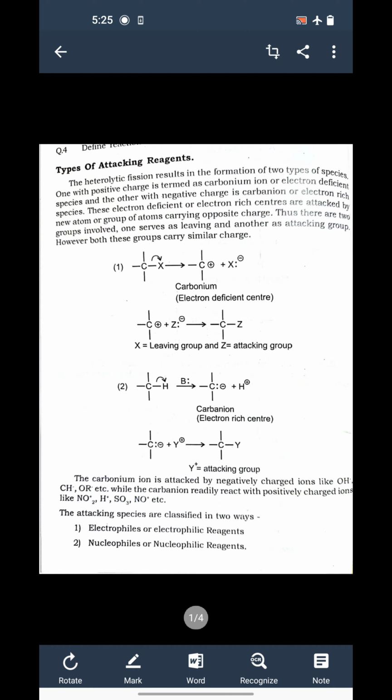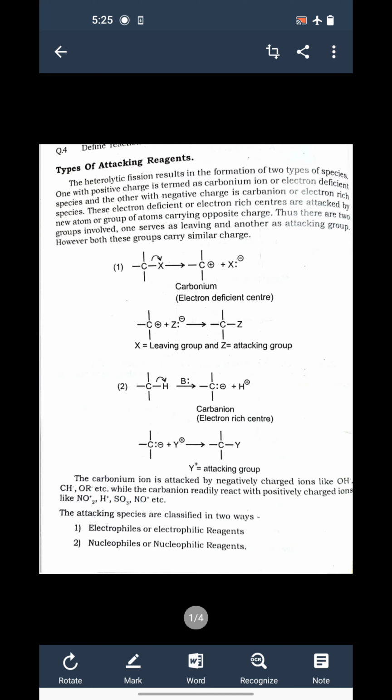In the second reaction there is another bond fission, the C-H bond is breaking, and as we know carbon is more electronegative than hydrogen, so heterolytic fission takes place where carbon carries a negative charge and hydrogen carries a positive charge. The negatively charged carbon is called a carbanion. It is an electron rich center.